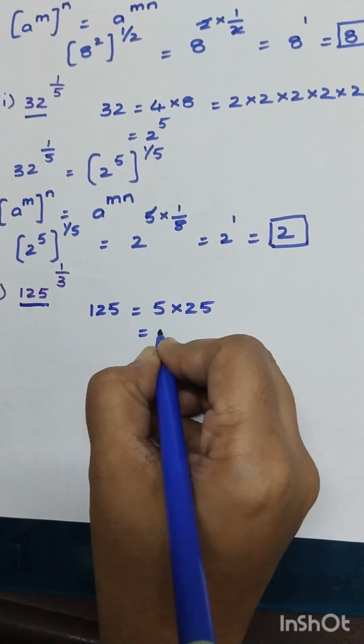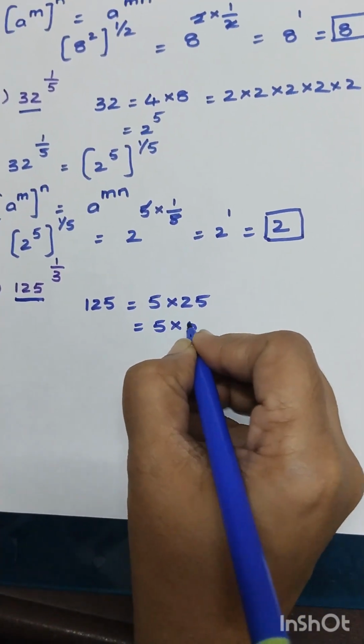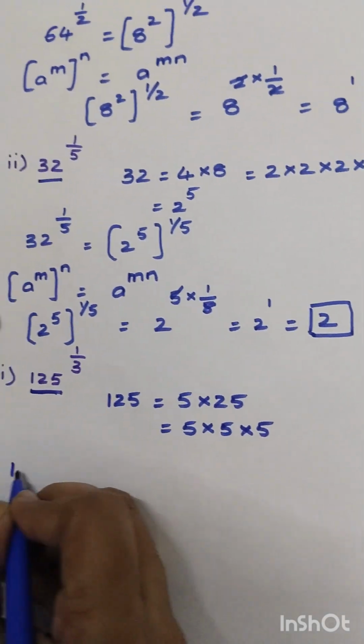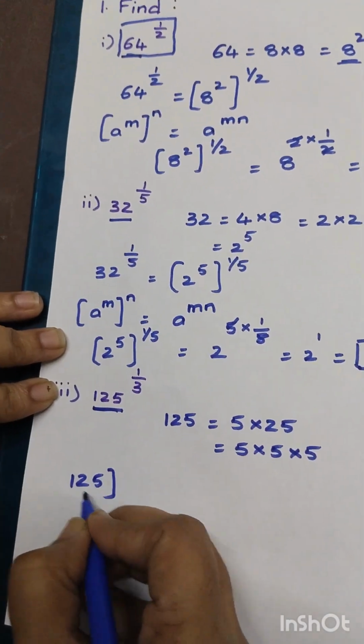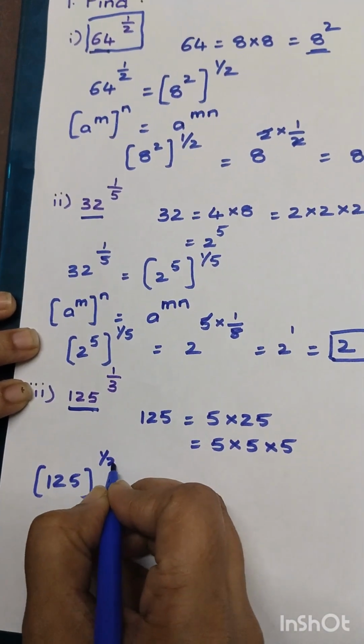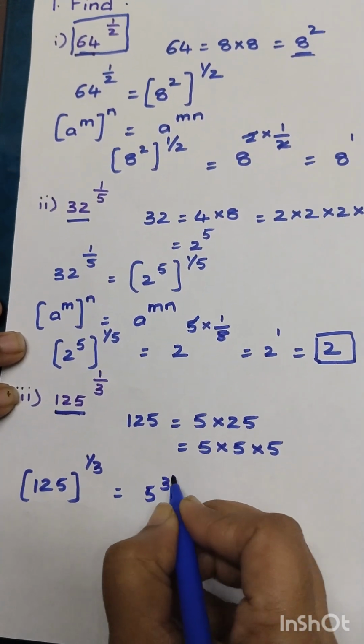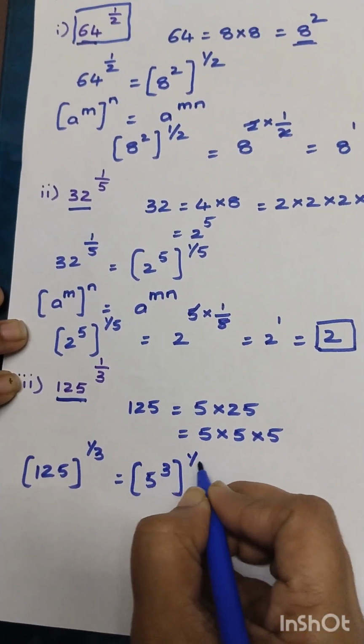So this can be written as 5 into 5 into 5. So 125 power 1 by 3 can be written as 5 cube whole power 1 by 3.